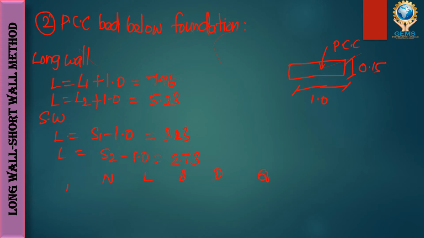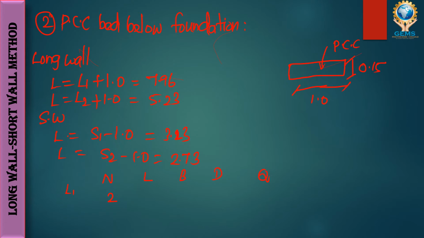First for L1, N equal to 2. For L1 there are two sides, so 2. For L2 there is only one side, because the rest come under the L1 portion, so we take L2 as 1.